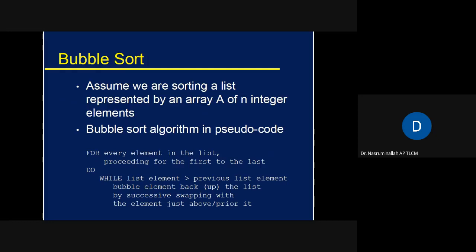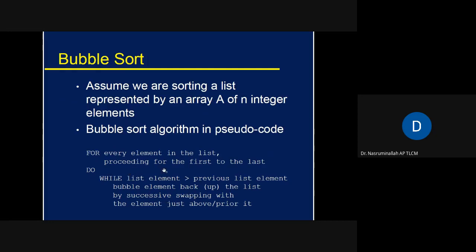You compare the existing element with the previous element, and if the existing element is greater than the previous element, then you swap it, you bubble it up, and you keep on performing this operation till all the data is arranged in a sorted form.